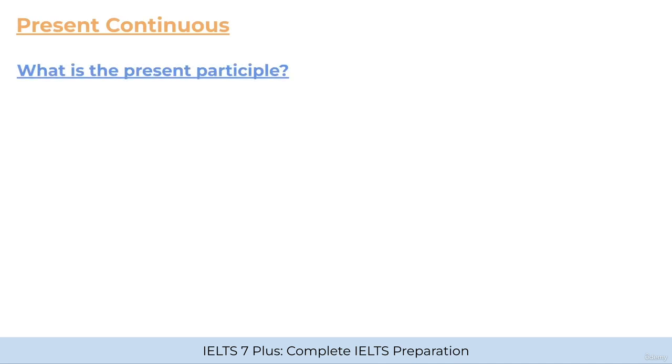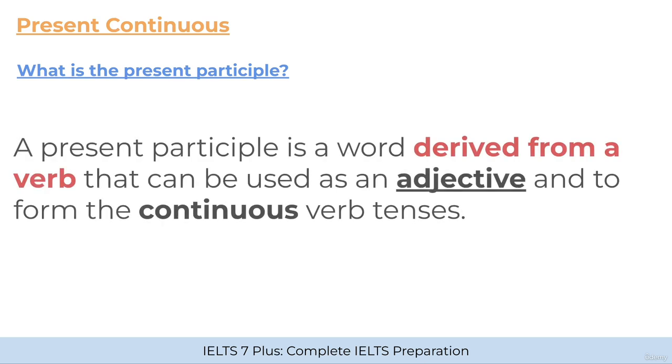So let's now just take a quick moment to focus on the present participle. And what exactly do we mean when we talk about the present participle? Well, it's a word that is derived from a verb, and it can be used as an adjective and to form the continuous verb tenses. So it's sort of multifaceted, if you like, but it's important to use this with the continuous tenses because it reflects that ongoing nature.